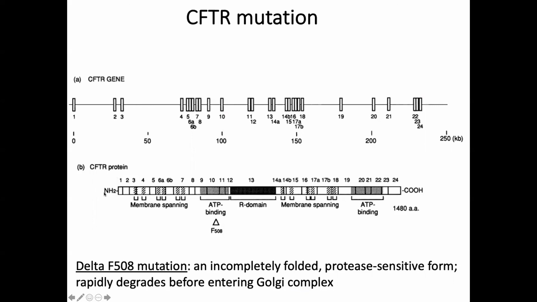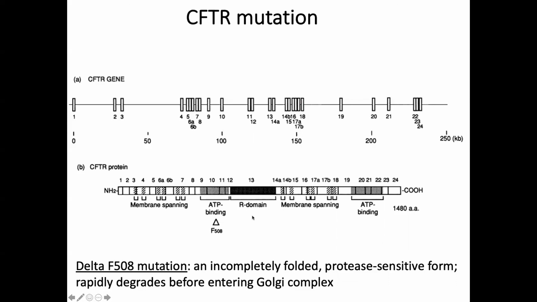You can see the amino N terminus, and then the carboxy C terminus. This protein has a total of 1,480 amino acids, sometimes just called AA. Exon numbers and functional domains are all labeled here. On the top are the exon numbers, and on the bottom the shaded different regions are the functional domains.